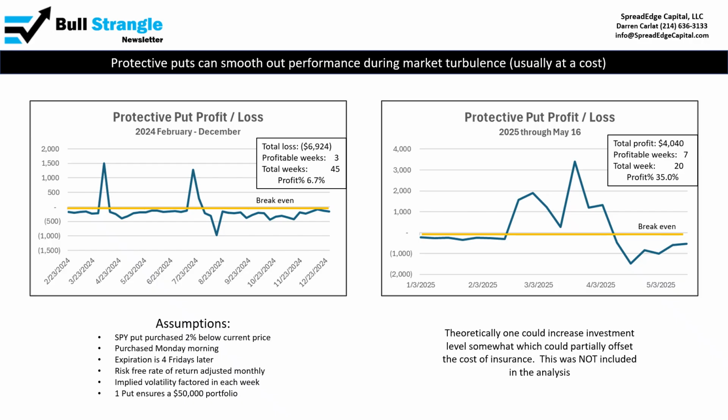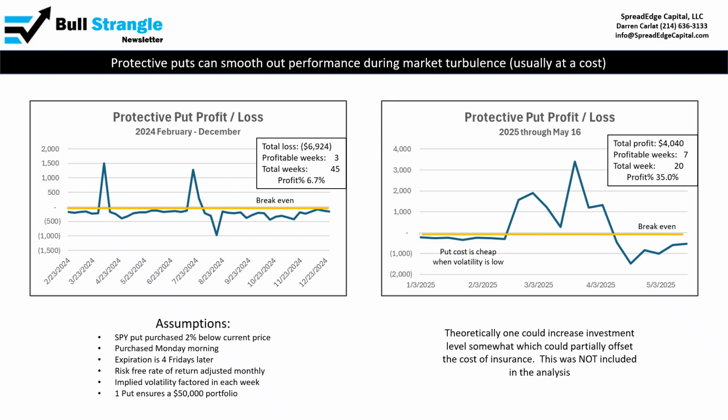But I think it's very important to understand that this truly is insurance, and you're typically going to lose money long term. One more point on this is that the cost of the protective put varies significantly with volatility. If you look on the right side again, the cost of the put was really cheap going through January and February.